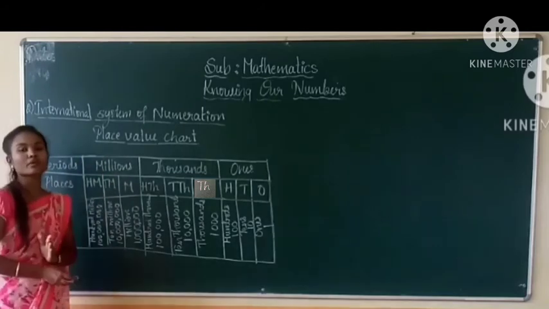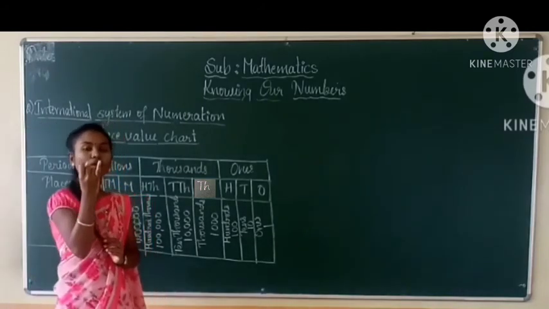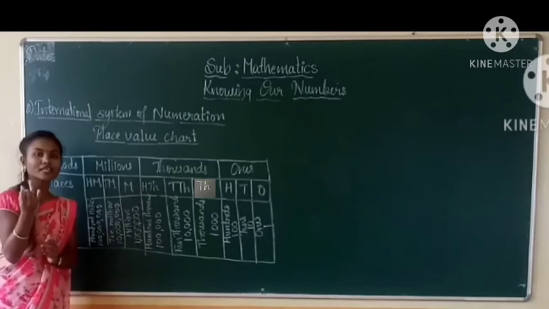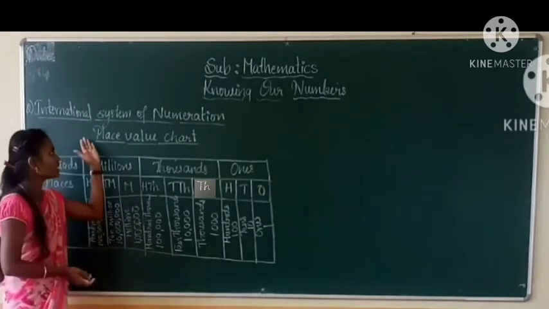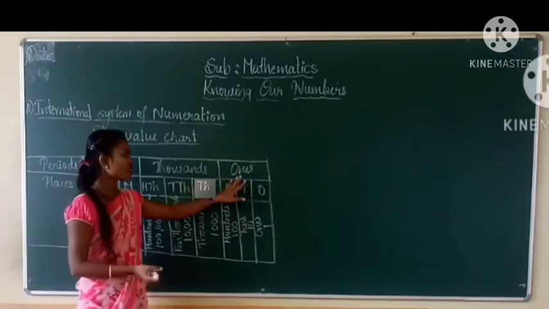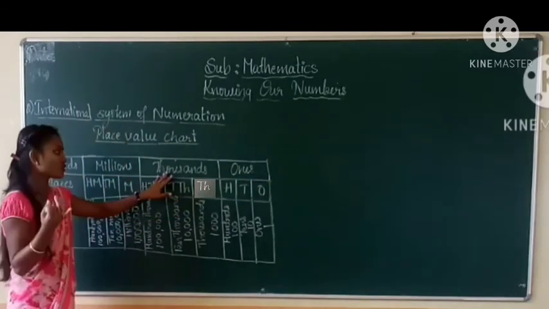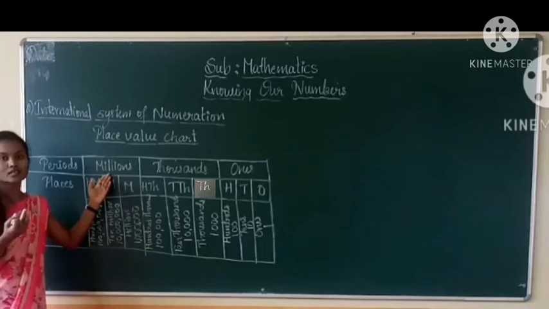So in the Indian system of numeration, there are 1's period, 1000's period, lakhs period, and crores period. But in the international system of numeration, there are 1's period, 1000's period, and millions period.